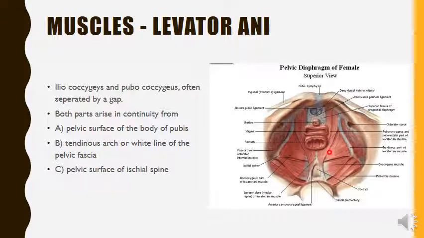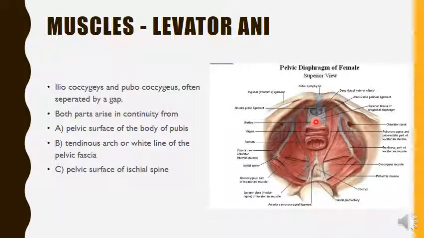The muscle is subdivided into named portions according to their attachments and the pelvic viscera to which they are related. According to attachments: pubis to the coccyx, pubococcygeus; ilium to the coccyx, iliococcygeus; and ischium to the coccyx, ischiococcygeus. That is based on the attachments.